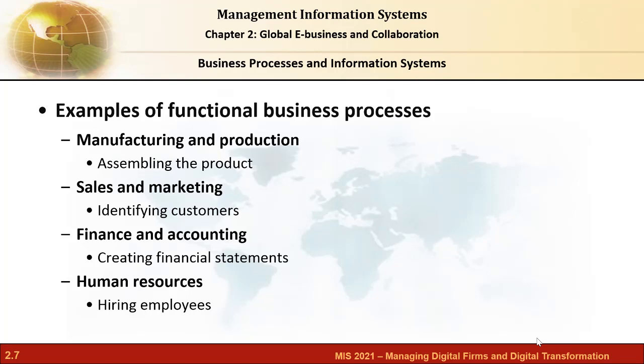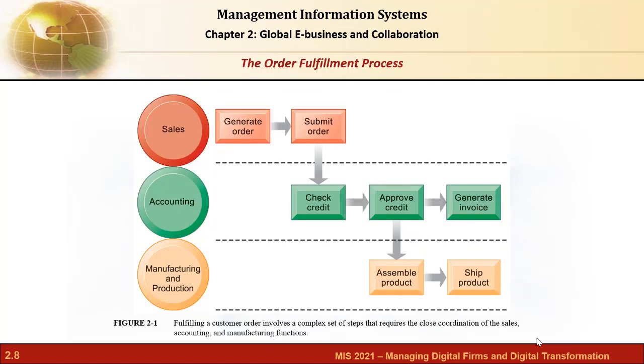So again, we looked at examples of functional business processes for manufacturing, sales and marketing, finance, human resources, information systems, project management, logistics, warehousing, after-sale service, all of which belong to some specific functional business process or department inside an organization. One process can sometimes relate to one department, but mostly relates to several departments that cooperate.